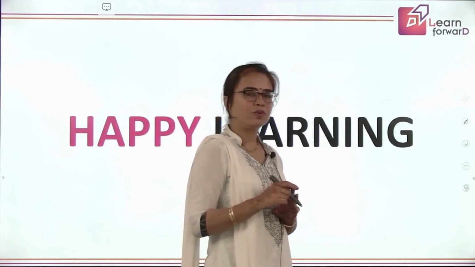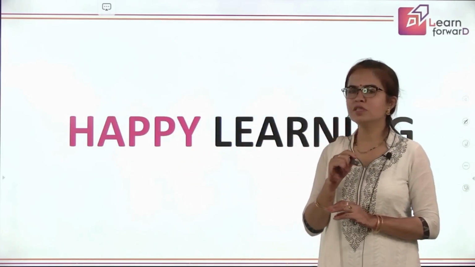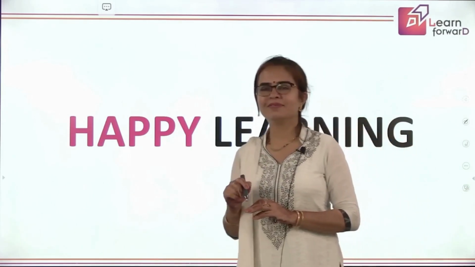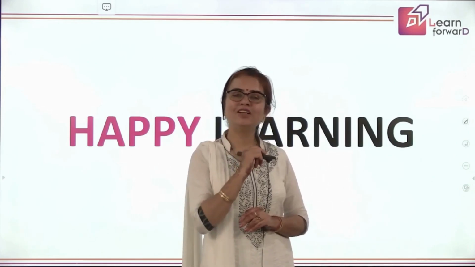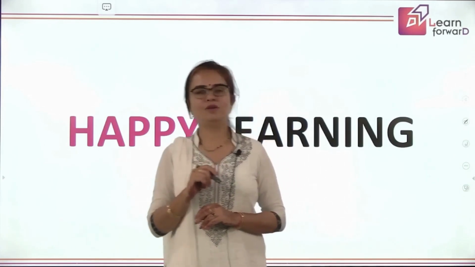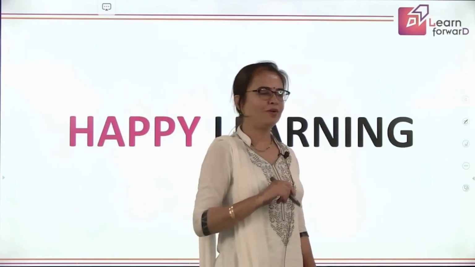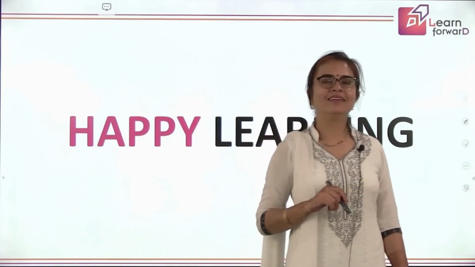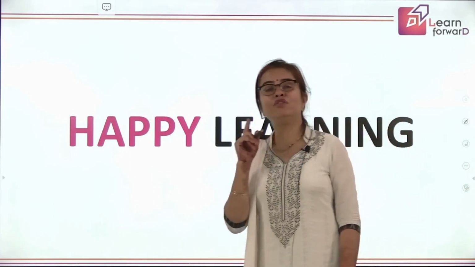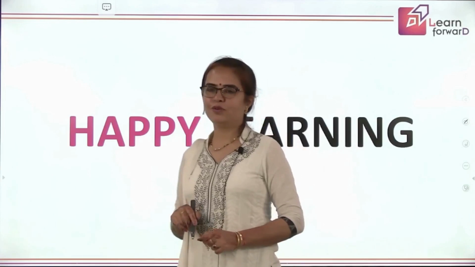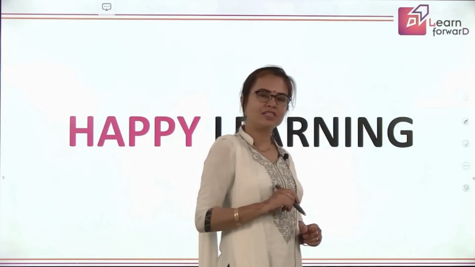D-O-E, doe. Doe is a female deer. And what's the opposite gender of doe? The opposite gender of doe is buck, B-U-C-K, buck. Fine. And we learned another new pair today with the meaning. What is that? Yes, that is the witch and the wizard. That's brilliant of you. You could remember them. That's wonderful.